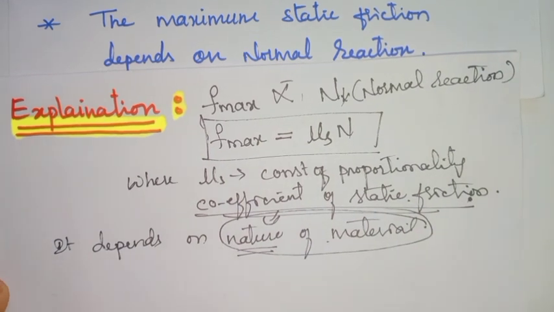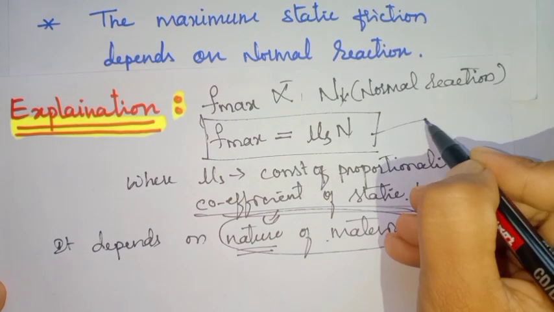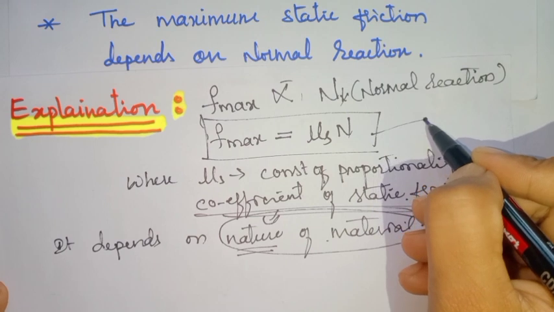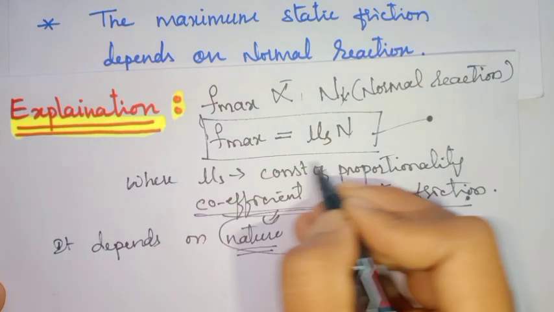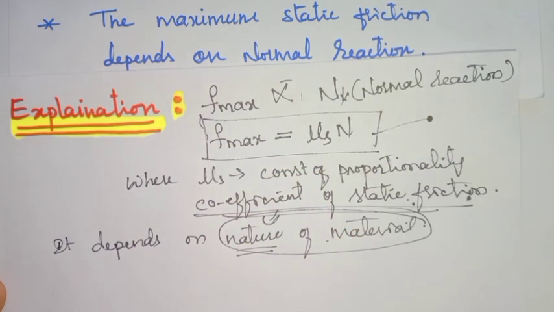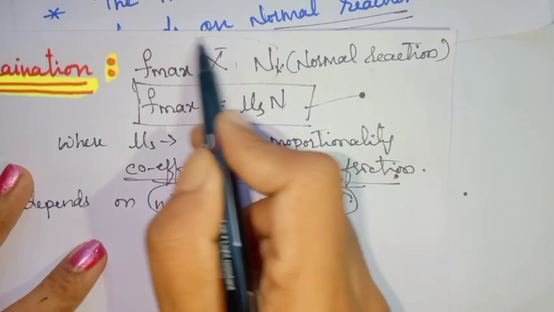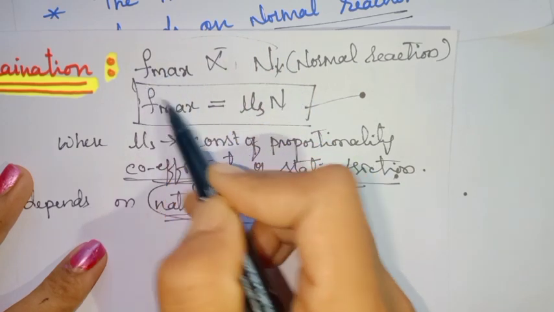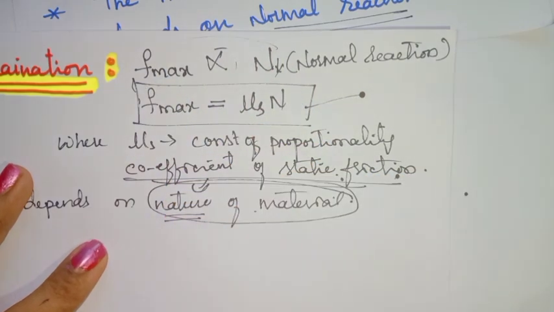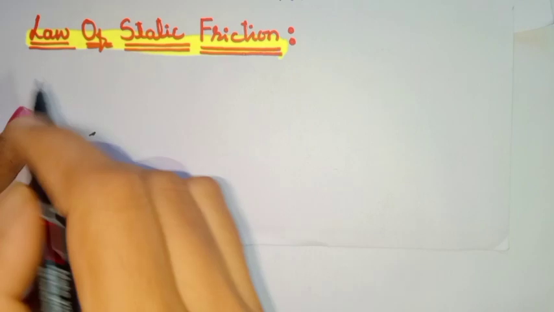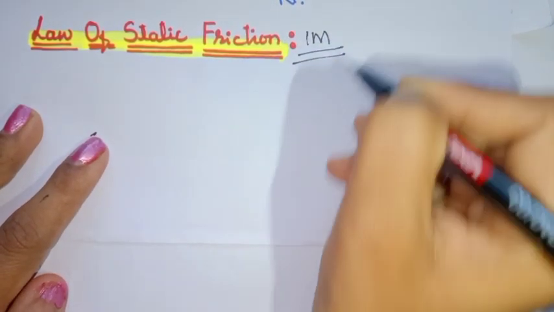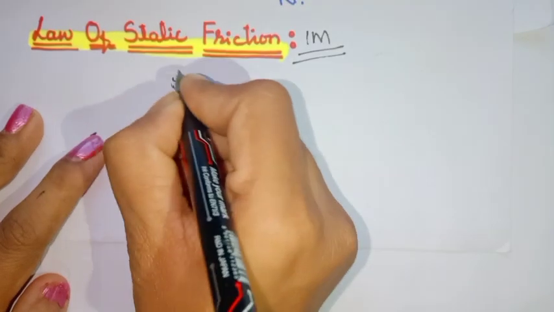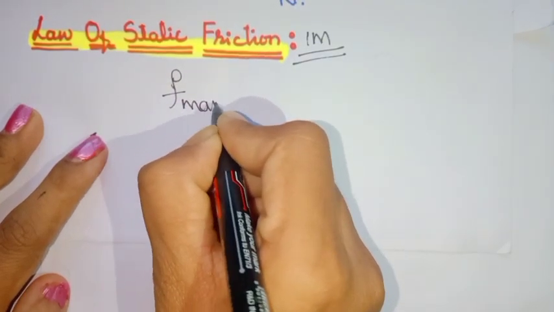Based on this statement, we will define the coefficient of static friction. We have made this a law of static friction, and to this relationship we say law of friction. If they ask you for 1 mark to write the law of static friction, you write F max is directly proportional to normal reaction.